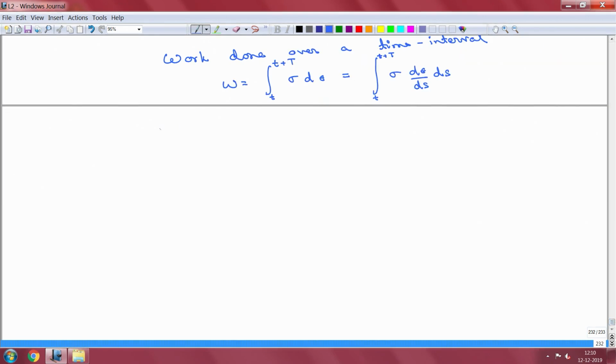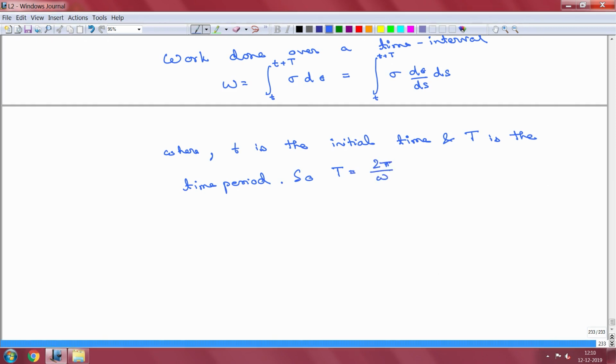And let me also clarify that small t is the initial time and capital T is the time period of the sinusoidal oscillation or the input, such that capital T is equal to 2 pi by omega.